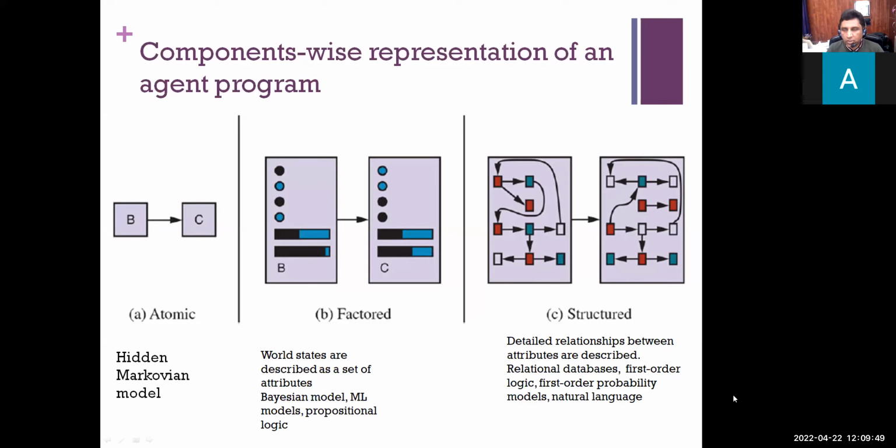A hidden Markovian model is a representation of a sequential environment in which we think of a visible state, an outside state, and a hidden state. The visible state that we have results from a sequence of events happening in a hidden world. For example, a casino.